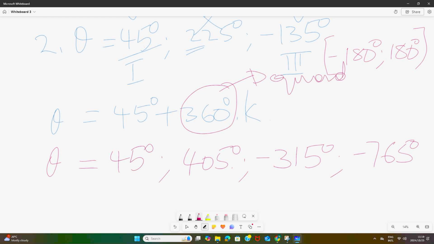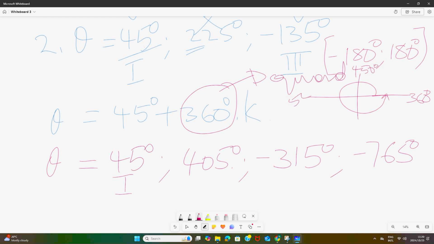-180 degrees. Now, in which quadrant is 45 degrees? It is in the first quadrant. What about 405 degrees? Remember that 405 degrees is the second rotation in our Cartesian plane. Our full rotation is at 360 degrees. Then 360 plus 90, we're making a second rotation now. It's 450.